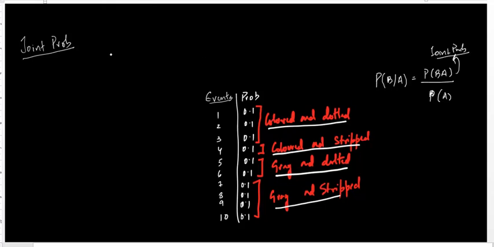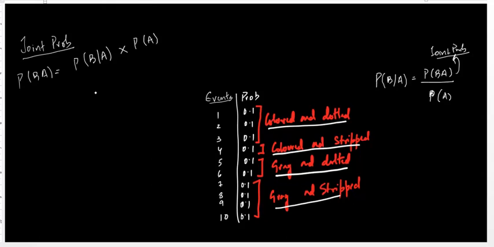To solve for it, we simply cross multiply: the probability of B given that A has already occurred multiplied by the probability of A. This is how we calculate the joint probability under the condition of statistical dependence.